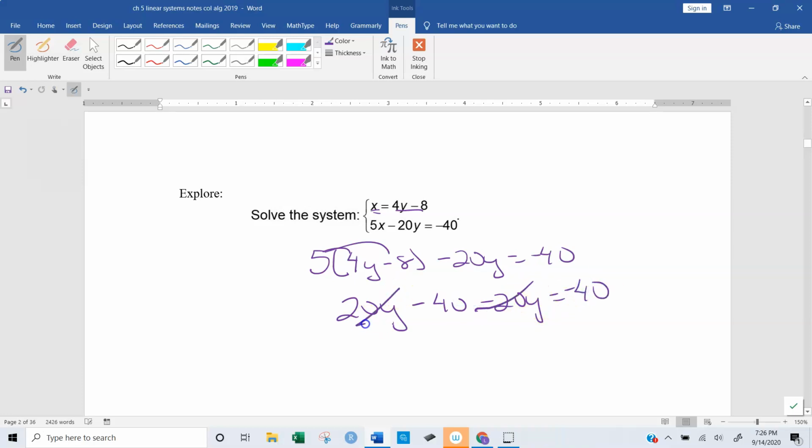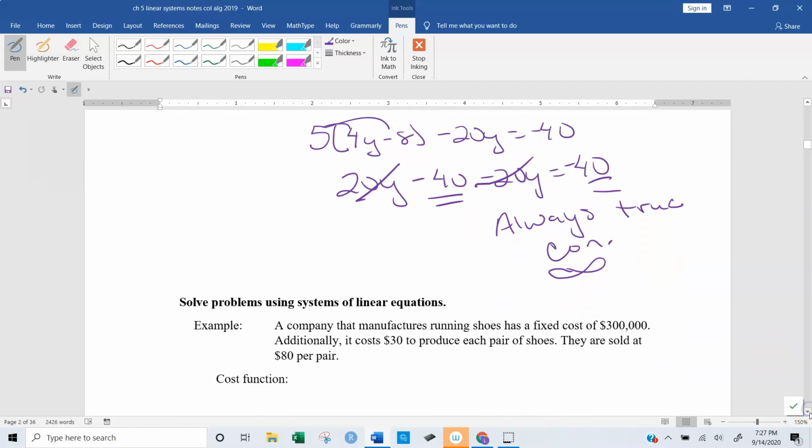Well, the y's cancel. We have negative 40 equals negative 40. This is always true, right? There's no time this is not true. So these are consistent lines, actually consistent dependent lines, and they have infinite solution sets because all the points are the same. They intersect at every point on both lines.